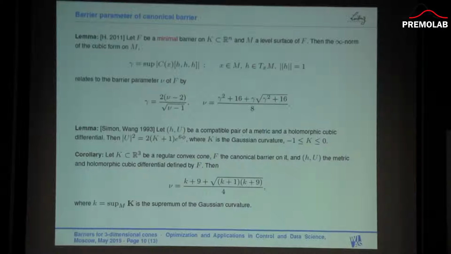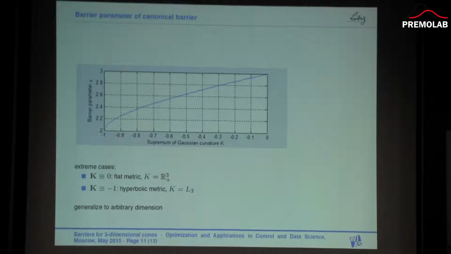And this is given by this formula, so the details are not very important. But what is important is that the higher the curvature of the Riemann surface is, the higher will be the barrier parameter. So the supremum of the curvature will define the barrier parameter, and this formula has a graph like this.